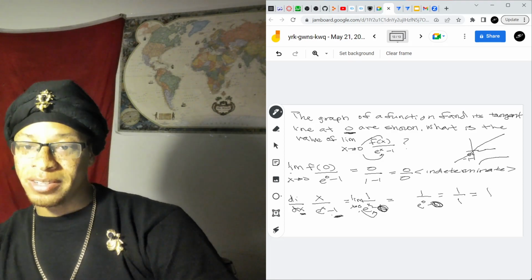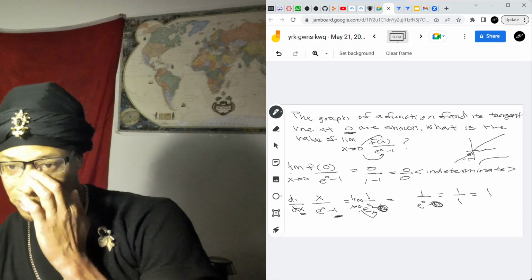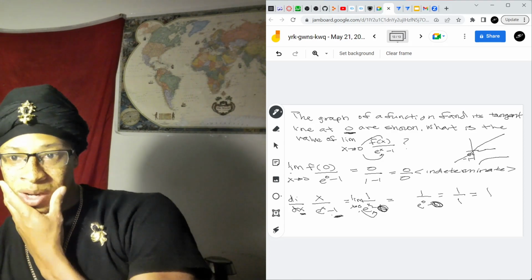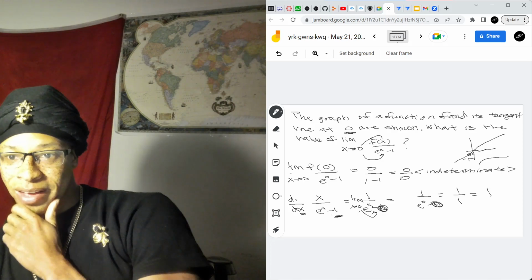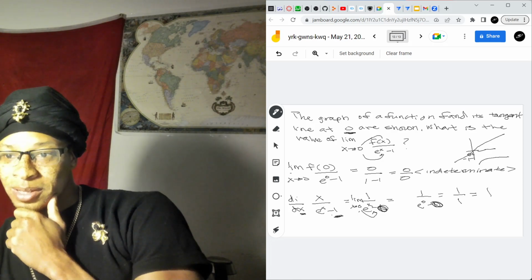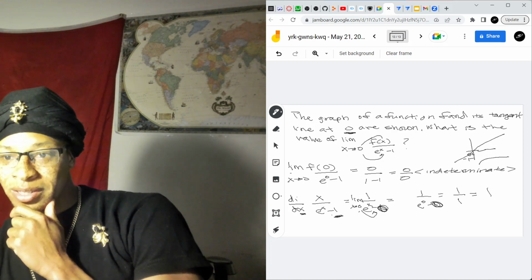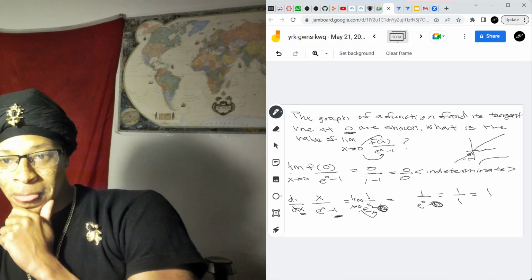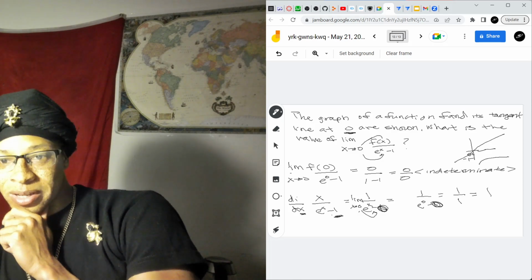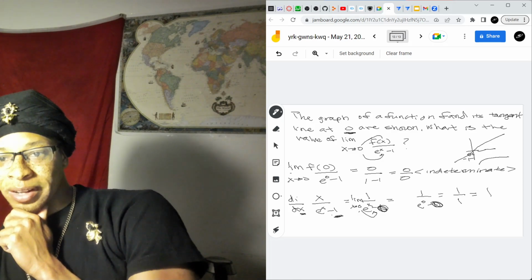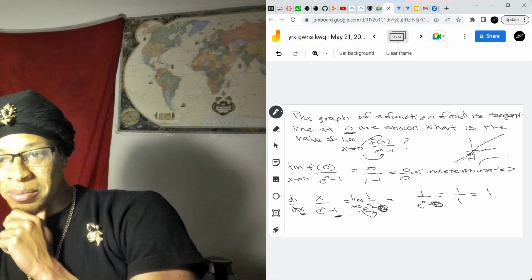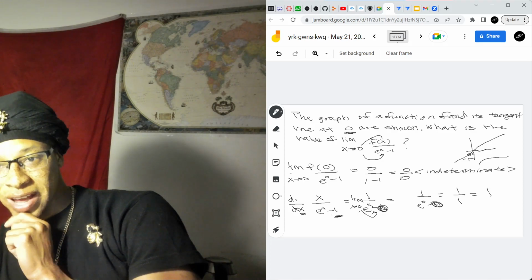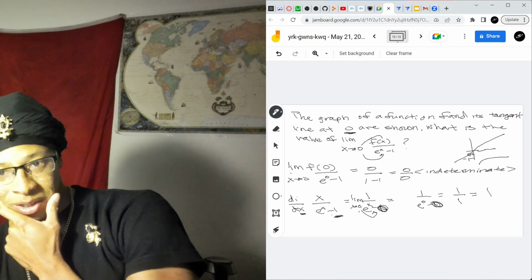But yeah, as you can tell, based off of the information provided, we tried to include 0 for x at the beginning, but we got an indeterminate form because you can't divide 0 by 0 with the limit. So then we said, all right, well, cool. Let's just take the 0 out and go to the original function, which is x over e to the power of x minus 1.